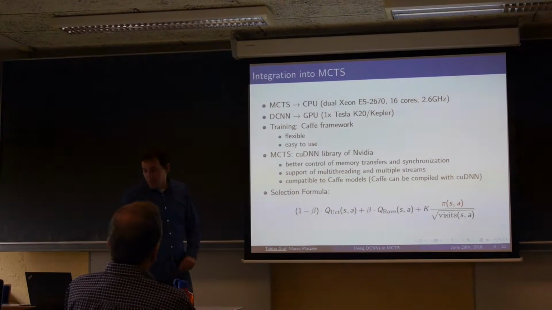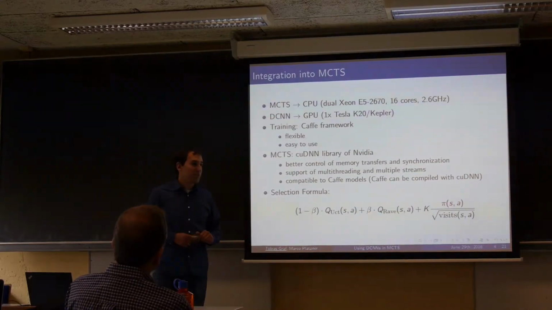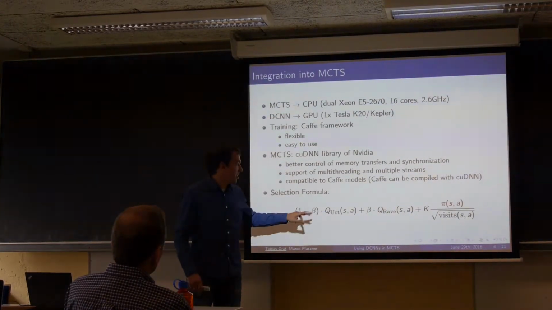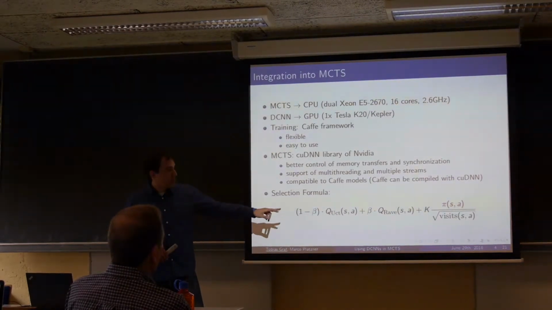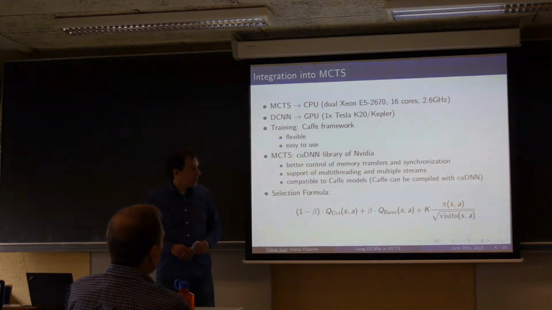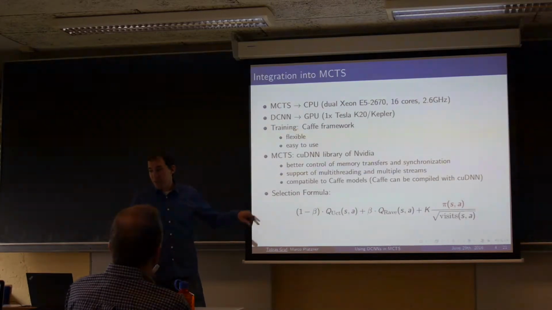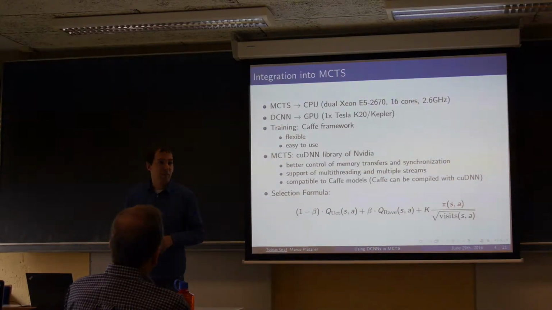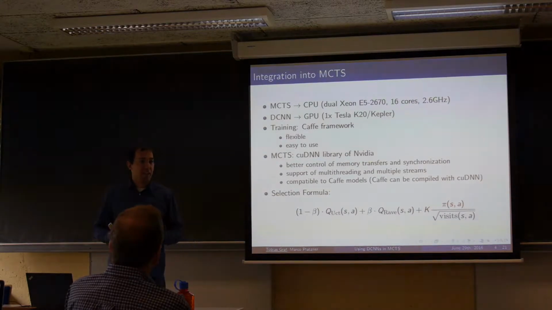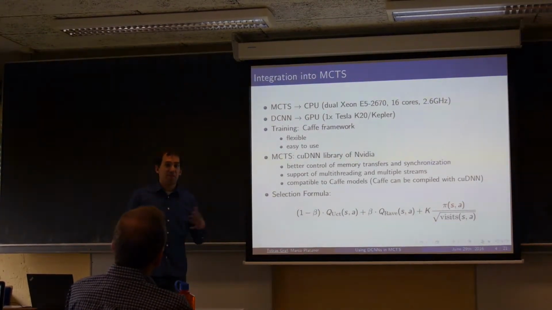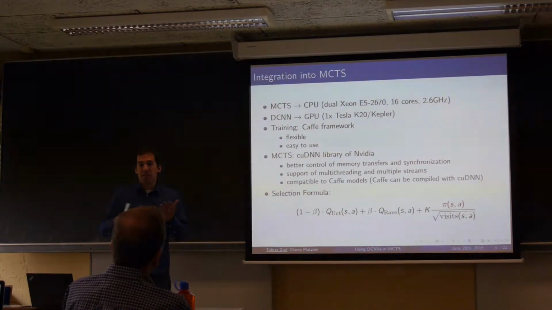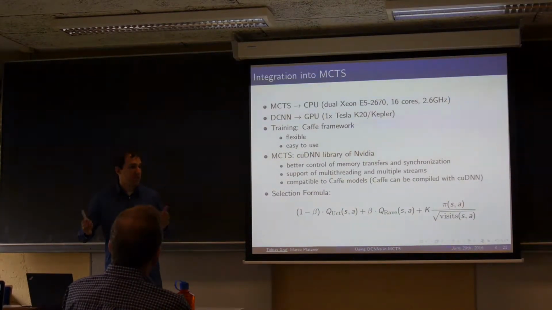So how do we use it? This is the selection formula of Abacus which we use. The first two parts, with RAVE and the normal UCT, are quite common. In the last part, the model is used, where P(S,A) means the probability of selecting action A in state S. This is where the neural networks plug in, and it says, for example, this move has a probability of, let's say, 0.5 to be good.